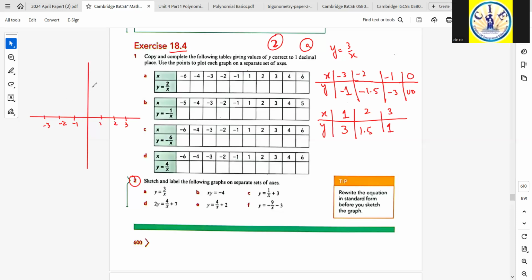For y, the values of y, 1, 2, 3, 4, and so on. So -1, -2, -3, -4, and then so on. For the graph, let me draw it. -3 corresponds to -1.